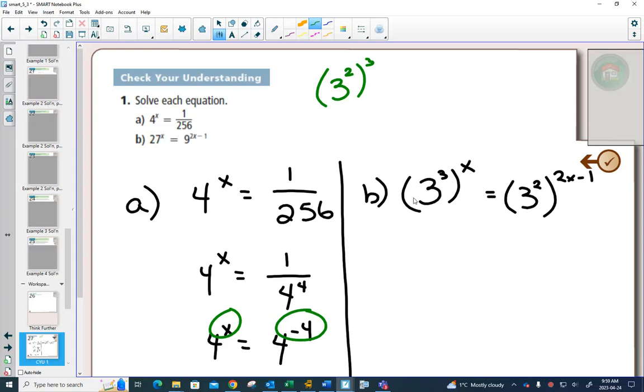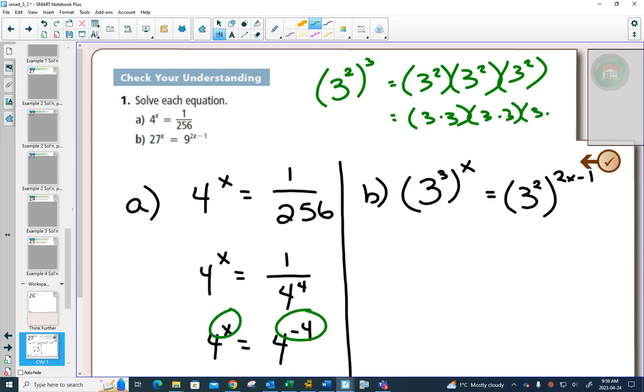So if I have 3 squared cubed, does this make sense that this is 3 squared, 3 times? I think at this point you would have figured it out, but, oh, I have 6 of them. What's the shortcut? Instead of going through all of this, it would be to multiply. But if I've forgotten an exponent rule, I can go back to an easier set of numbers, and it doesn't take very long to figure it out.